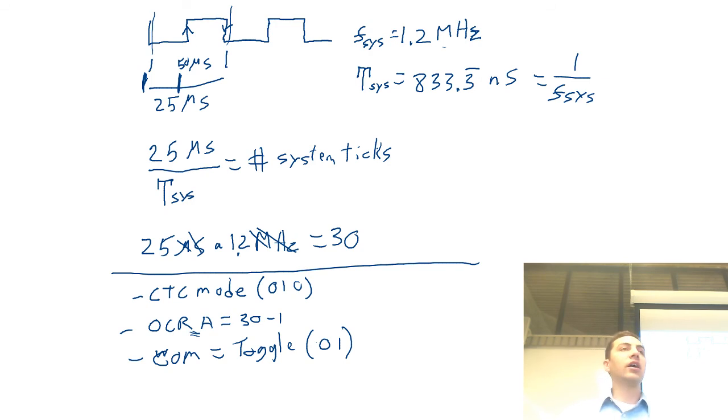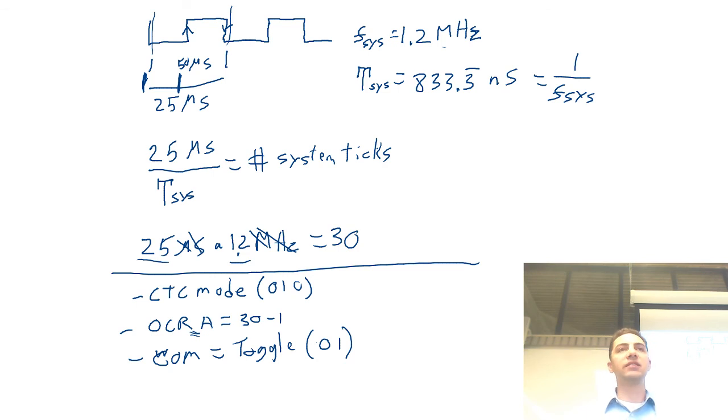Okay, with 16 megahertz, it's a little bit nicer because I get a nice rational number. 62.5 nanoseconds is the period. So I can go at this, and at the end of the day, I noticed that everything canceled. My final calculation was 25 times 1.2, okay, because megahertz canceled with microseconds and so forth. What didn't I have to do in this problem? Normally, it's a little bit more complicated.